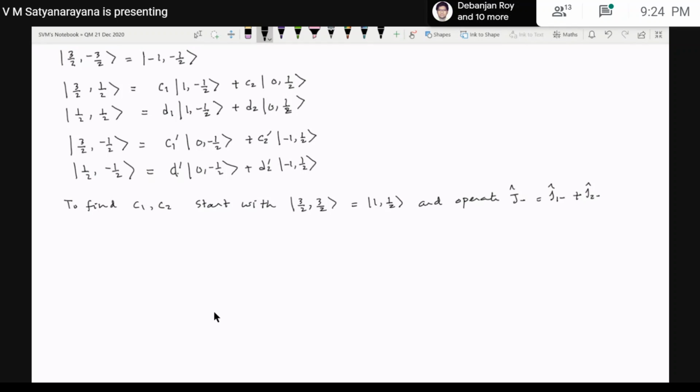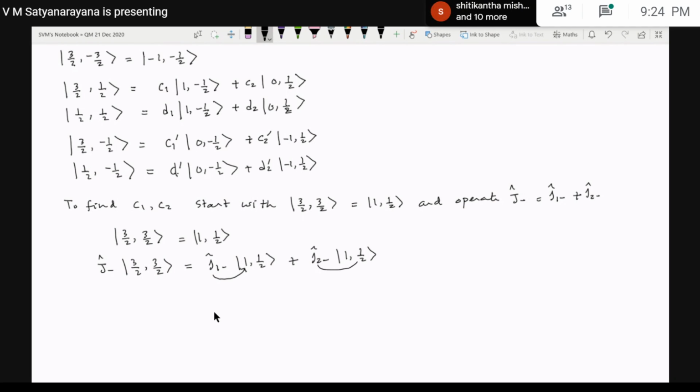So now J minus acting on 3 by 2 comma 3 by 2 is equal to J1 minus acting on 1 comma half plus J2 minus acting on 1 comma half. As usual, this J1 minus will act on this and J2 minus will act on this.